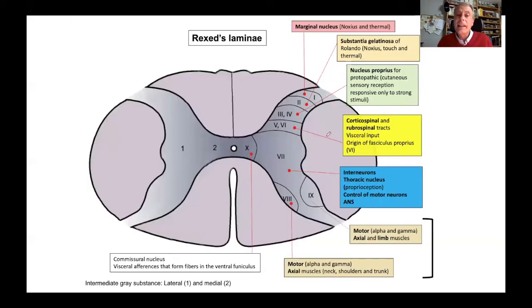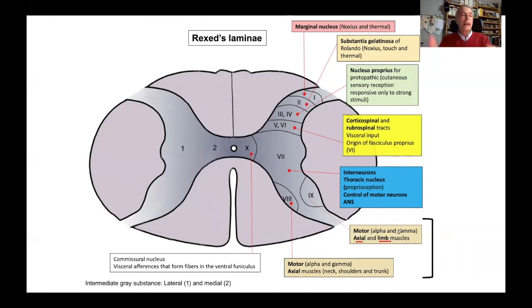If we look at the nuclei of the spinal cord, in previous lessons I have said that the gray matter of the spinal cord can be divided in laminae, okay? Look here, at the ventral horn. The motor neurons that form the 9th lamina are alpha and gamma motor neurons, and they are going to innervate axial and limb muscles.